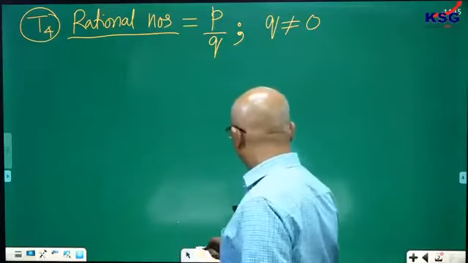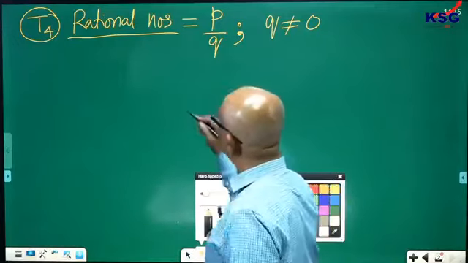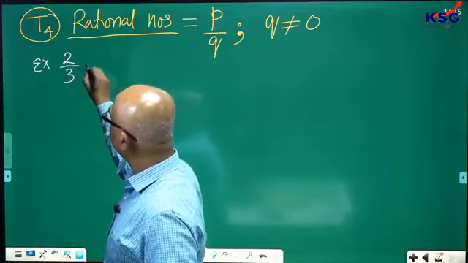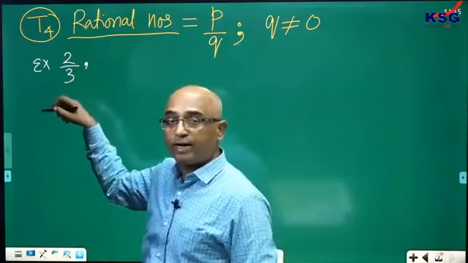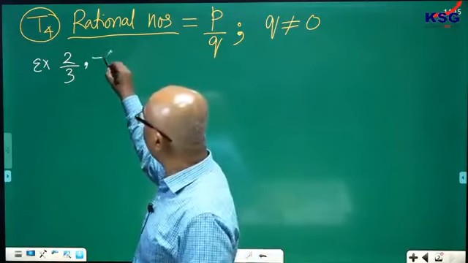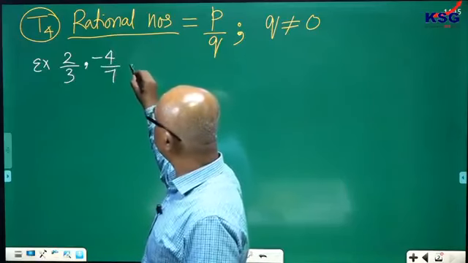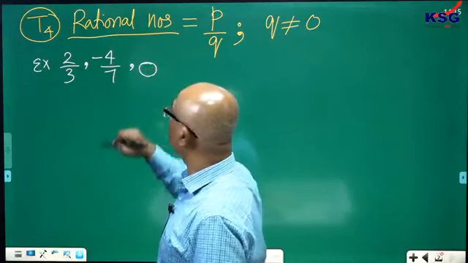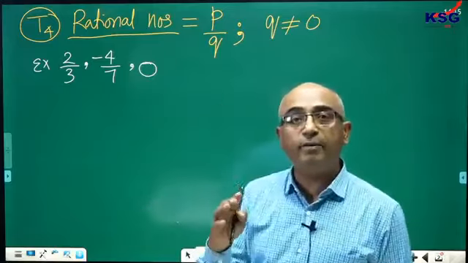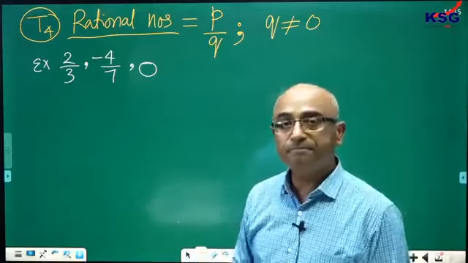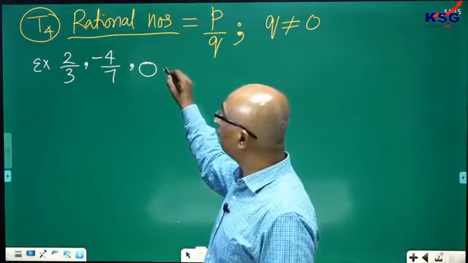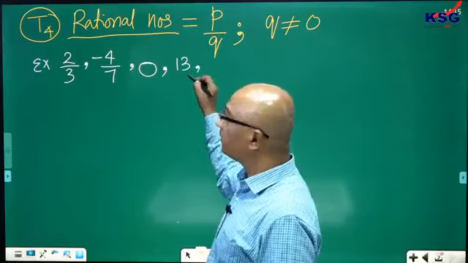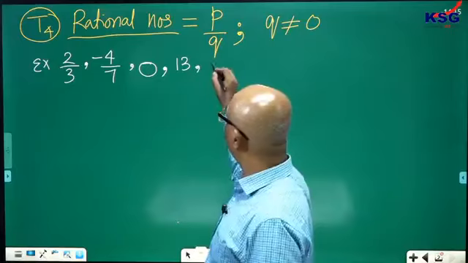Write some examples of rational numbers. So 2 by 3, in fractional form p by q, minus 4 by 7. See, 0 itself is a rational number. 0 can be written as 0 by 1, so 0 is also a rational number. 13 can be written as 13 by 1, so it is a rational number.